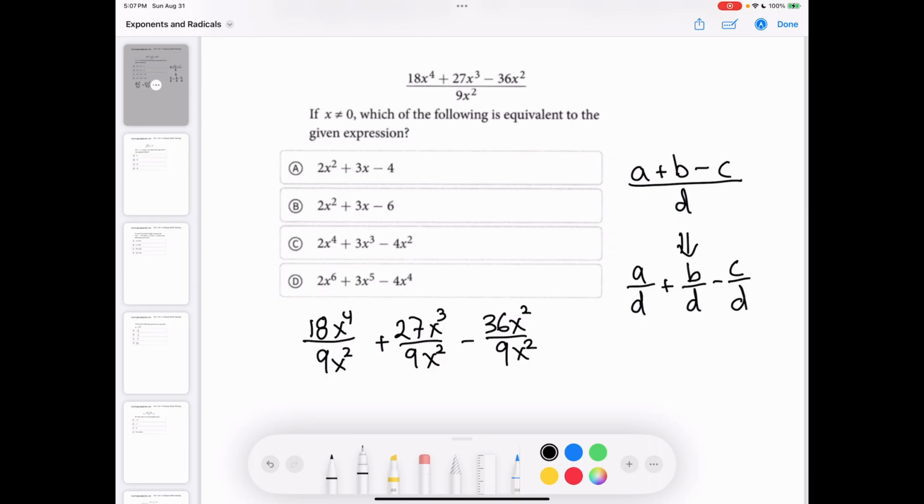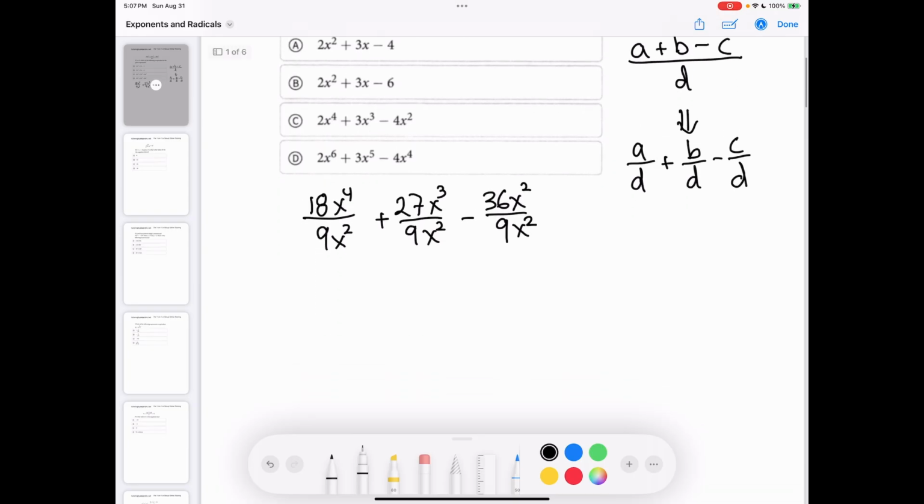Okay, let's tackle it one term at a time. I have 18 divided by 9, which is 2. You just divide the coefficients like a regular division. And now we're going to apply the exponent laws that I taught you earlier to the part with the x's. So we have x to the 4th divided by x to the 2nd.